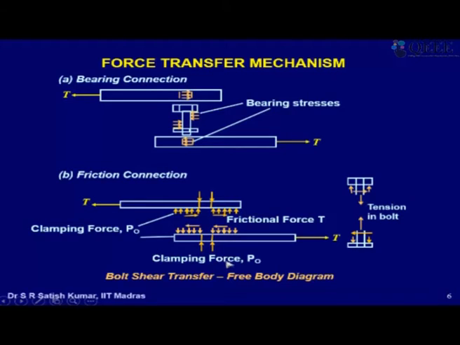Then in a high strength friction grip bolt, we put the bolt and then we pre-tension the bolt. That means beyond the snug tight position, we tighten the bolt further. I can't tighten the bolt normally, so let's imagine that I pull the shank by some means, like a jack or something. I elongate it by one thread length.